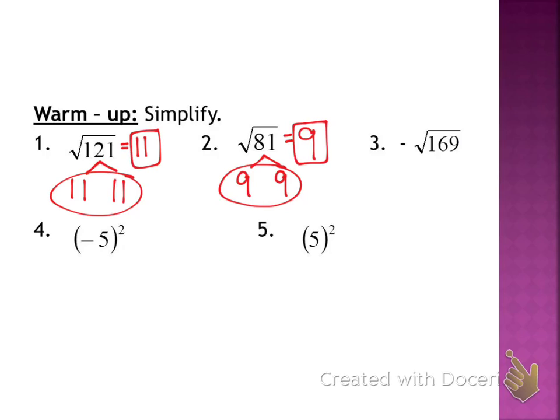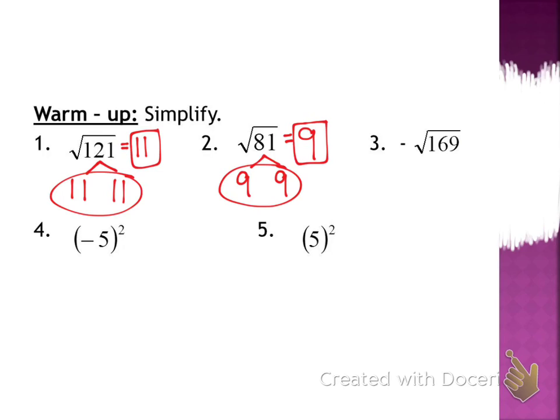On number 3, what's different about that problem? There's a negative out in front, which really just means that our answer is going to be negative. We don't really have to worry about it too much at first. So what can we break 169 into? 13 and 13. 13 times 13 is 169.